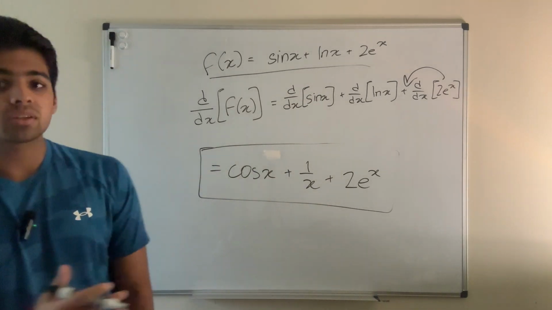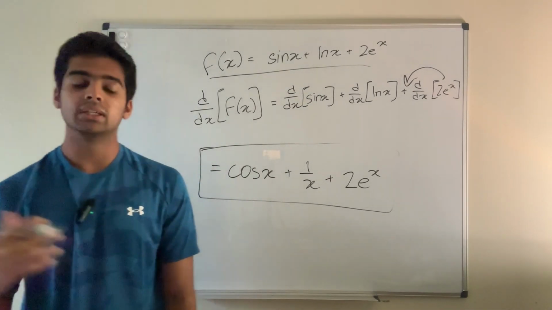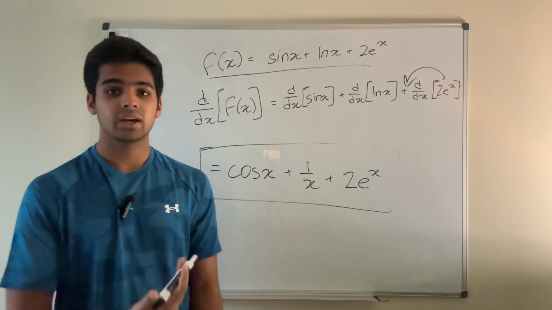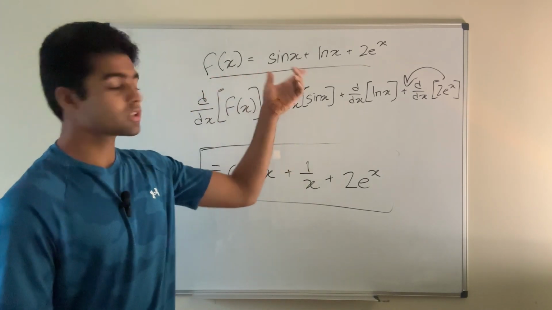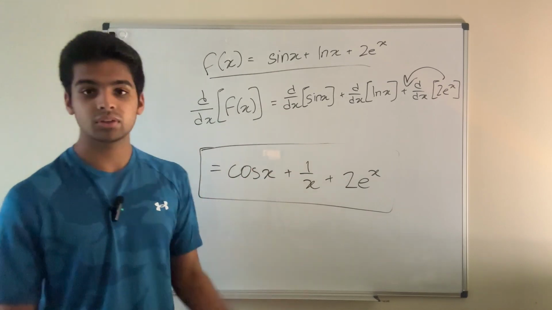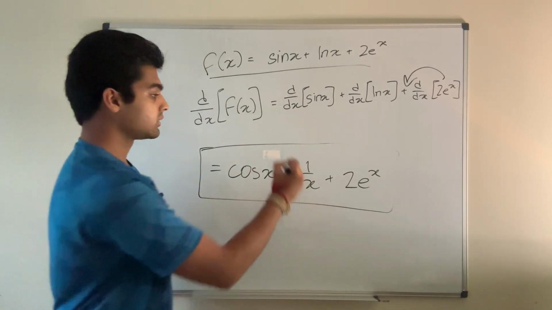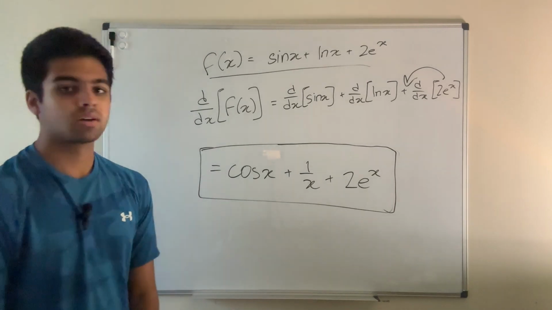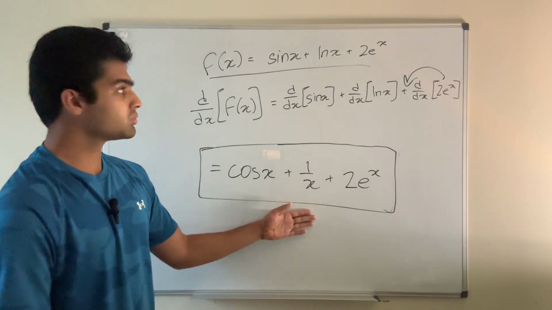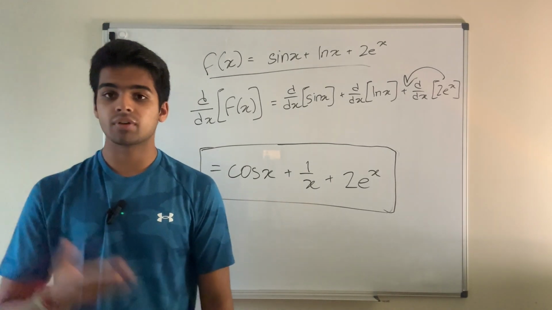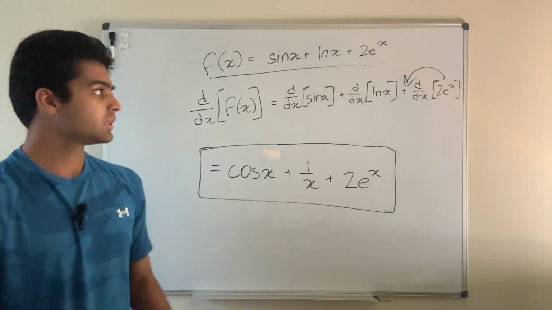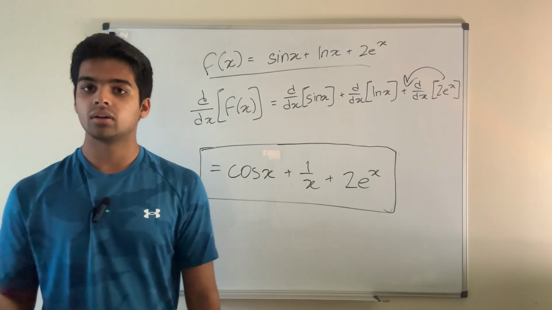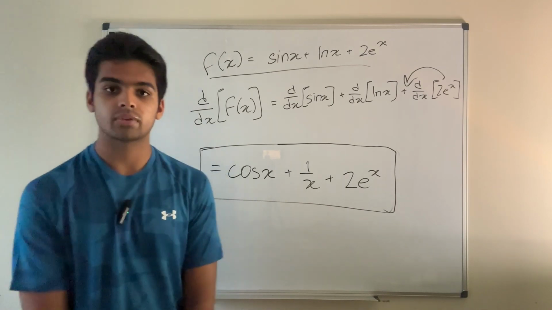So remember how we had to do that whole limit thing with h approaching 0? It's not that hard now. We have some properties and some rules that we can use. You can do a derivative problem in seconds. As long as you know the functions and what their derivatives are, these are really important derivatives to know, especially sine x, cosine x, the exponential function, and the natural log function.